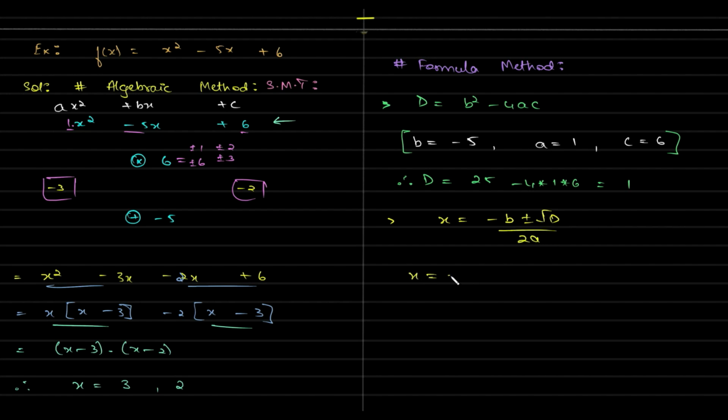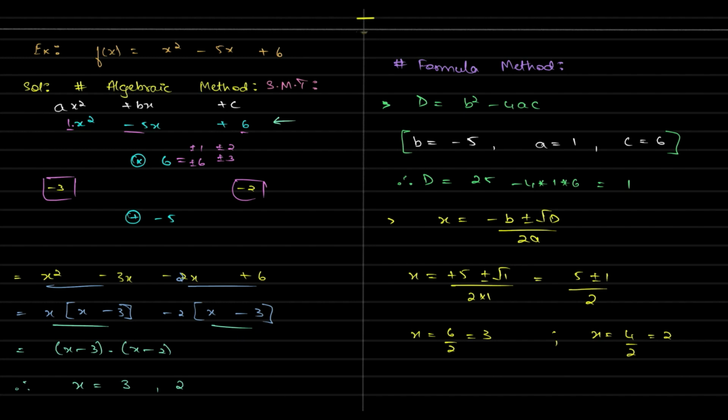So x is equal to 5 plus or minus square root of 1 divided by 2 into 1, which is 5 plus or minus 1 divided by 2. Therefore the first zero is 5 plus 1, 6 by 2, that is 3. And the second zero is 5 minus 1, that is 4 by 2, that is 2. We have the two zeros, 3 and 2, same as before. Quite simple. Both the methods are quite simple. Trial and error is something we can't do at all.